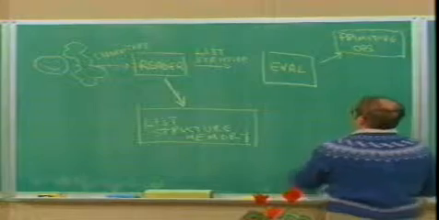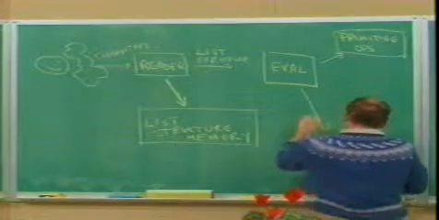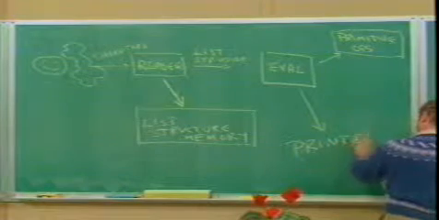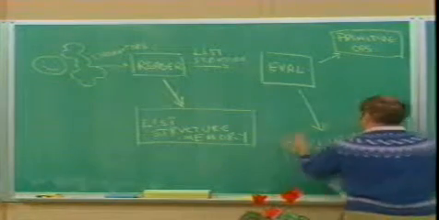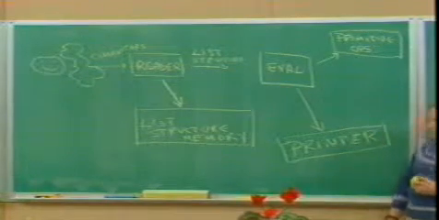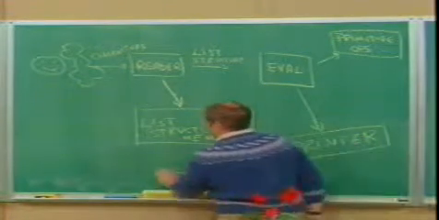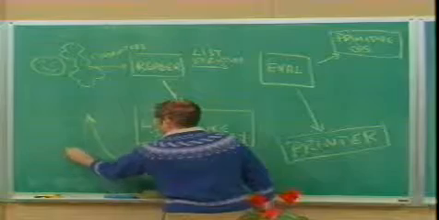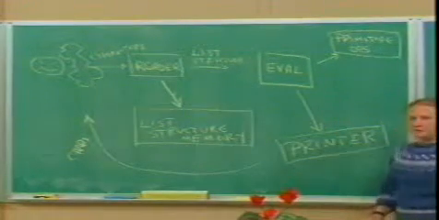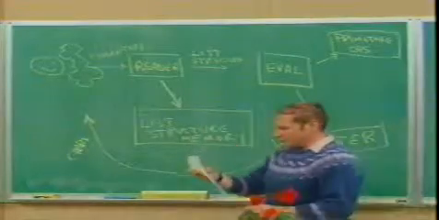The evaluator finally gets an answer and communicates that to the printer. And now the printer's job in life is to take this list structure coming from the evaluator and turn it back into characters, and communicate them to the user through whatever interface there is.